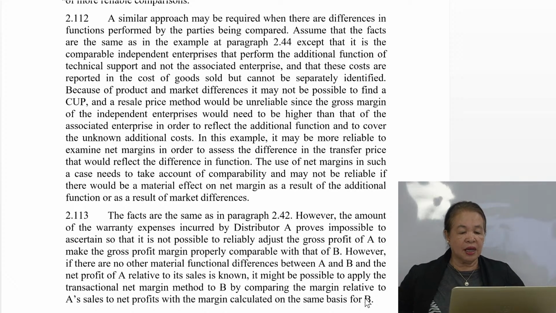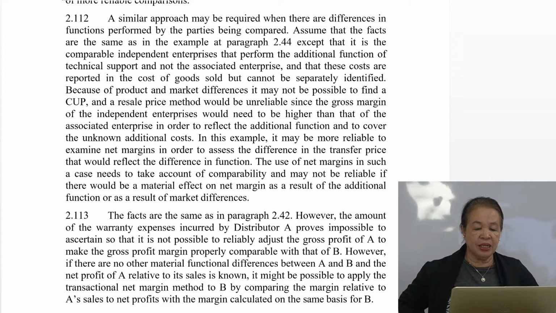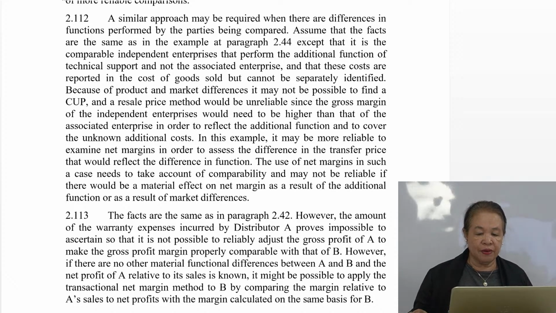So in this example, it may be more reliable to examine net margin in order to assess the difference in the transfer price that would reflect the difference in function. The use of net margins in such a case needs to take account of comparability and may not be reliable if there would be material effect on net margin as a result of the additional function or as a result of market differences.